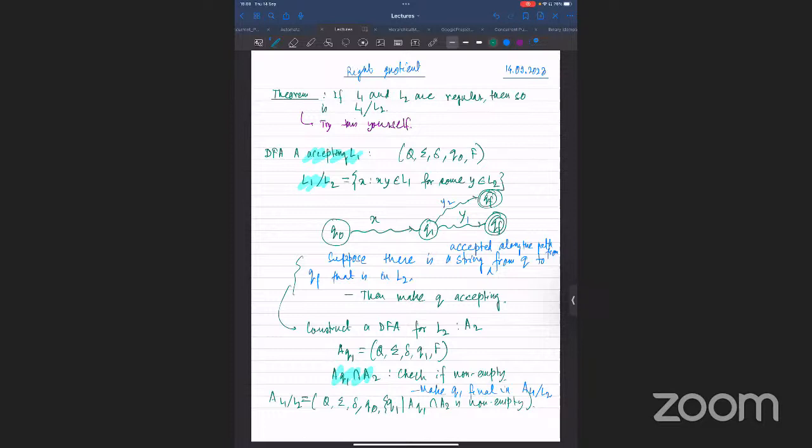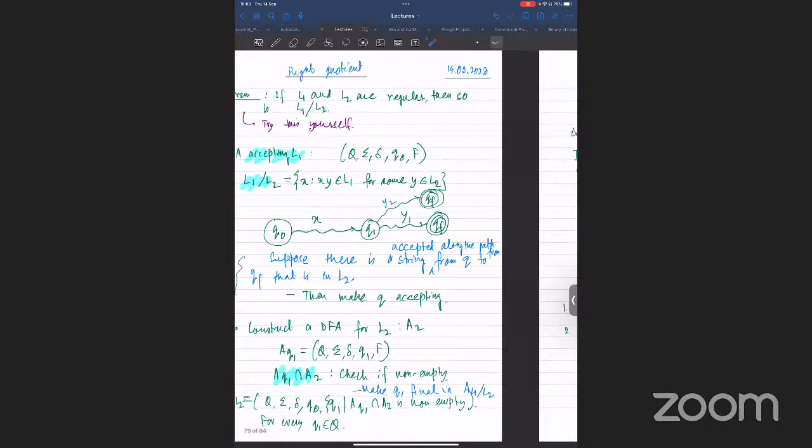So we need to repeat this process for every Q1 belonging to Q, and whatever is satisfying this property, make those Q1 final. Clear? Good.